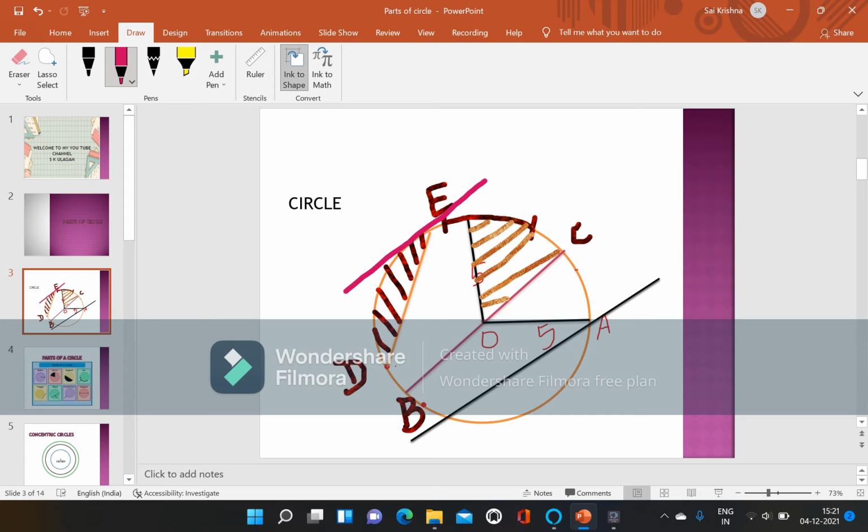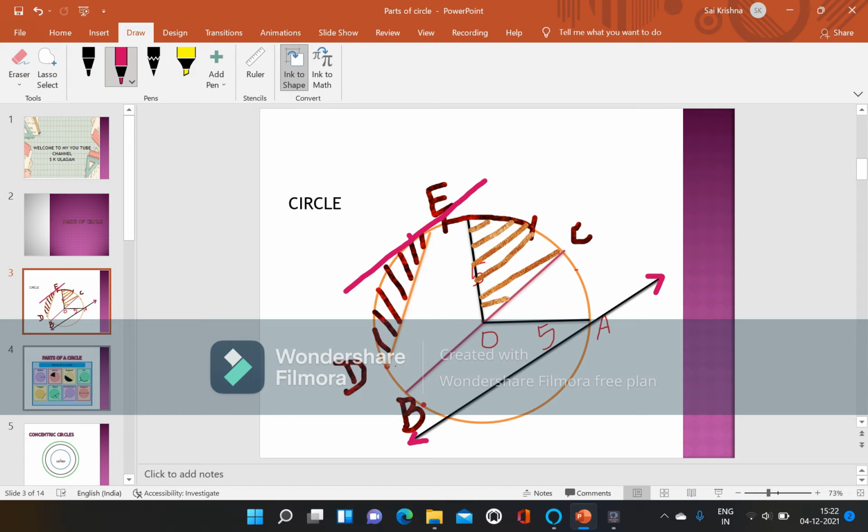So it passes through a single point, it's a tangent, and the line which passes through 2 points on a circle is called the secant. You may ask, what is the difference between a chord and a secant? A chord is the distance which is joined between 2 points on a circle. A secant is the line which passes through 2 points on a circle.